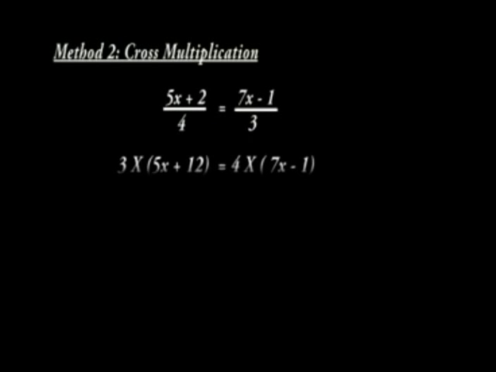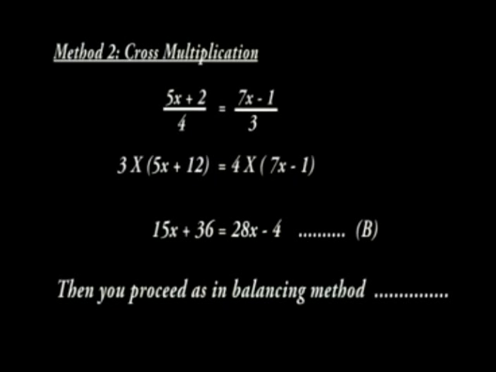Method 2. Cross multiplication will give us 3 into 5x plus 12 equal to 4 times 7x minus 1, and we'll have 15x plus 36 equal to 28x minus 4, and then you proceed as in the balancing method.